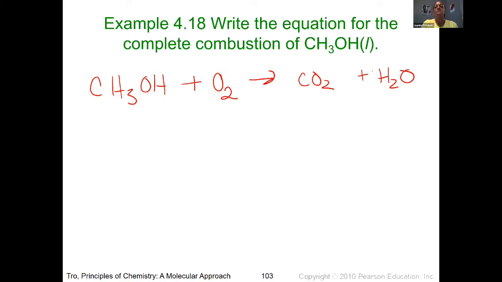Now if we adjust the coefficient to allow us to have 4 hydrogens, that not only adjusts the hydrogen number, but also the oxygen number on the product side. Now we have 2 oxygens plus 2 more, so 2 and 2 gives us 4, and we have 3 on the other side.